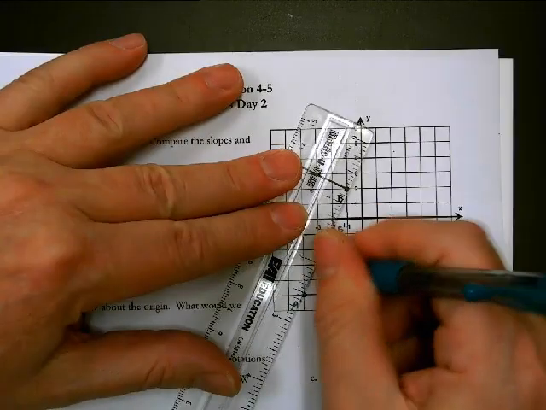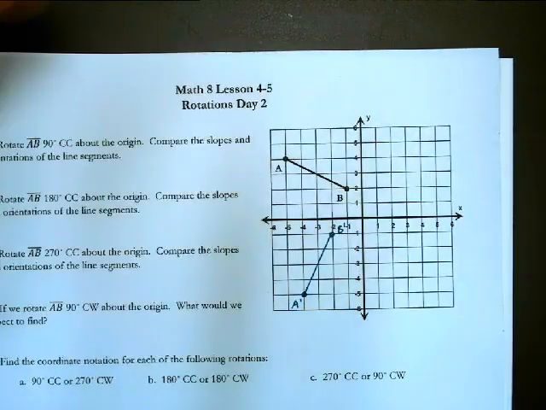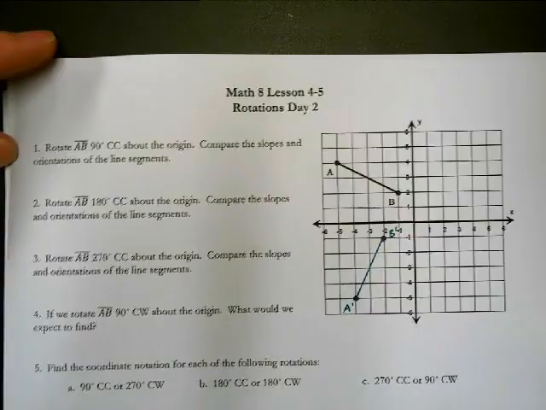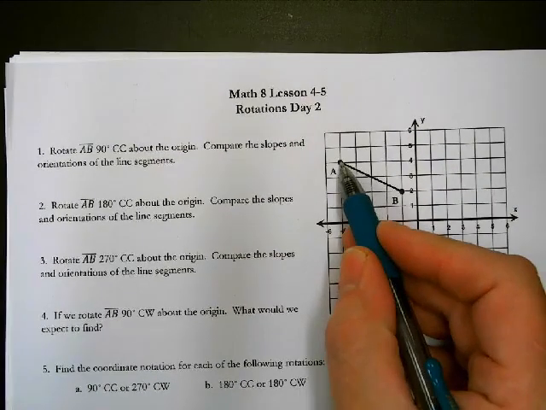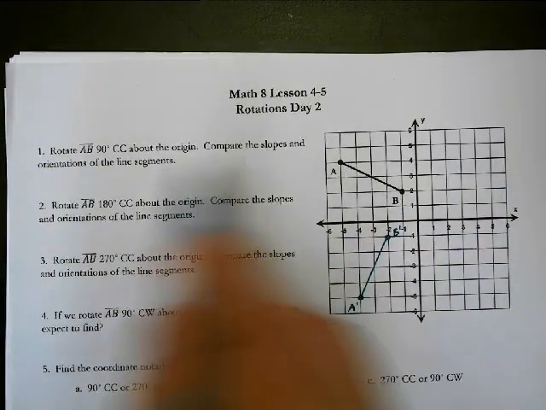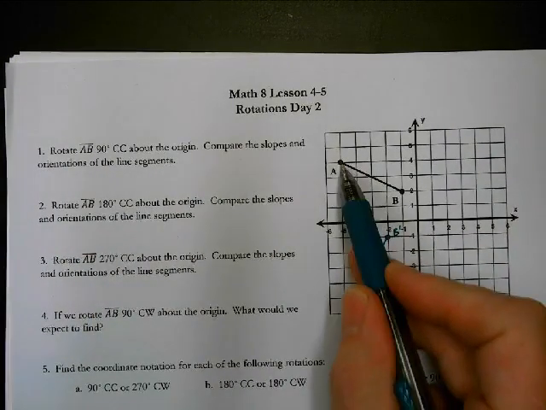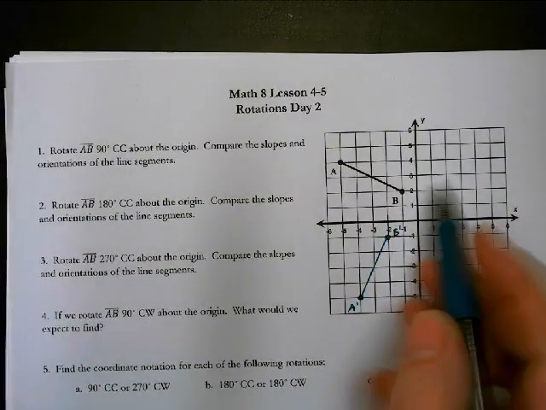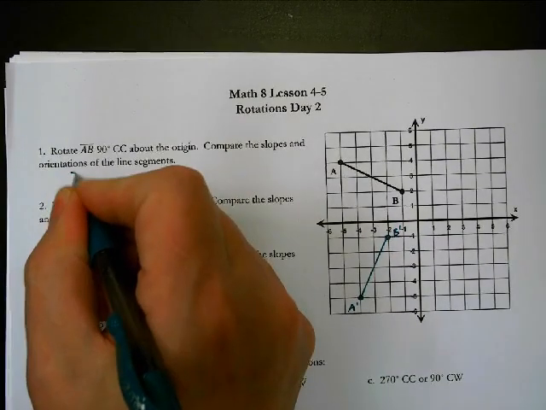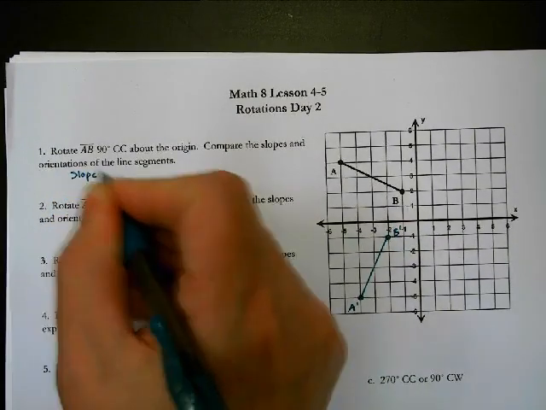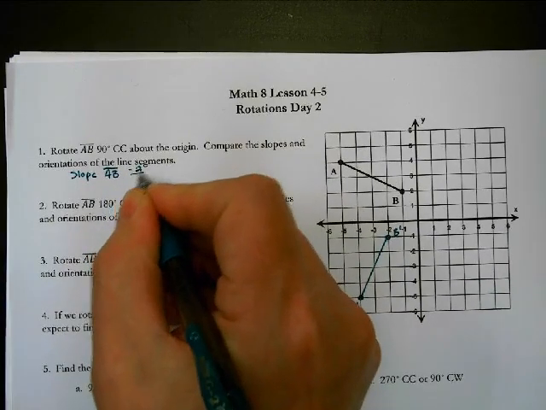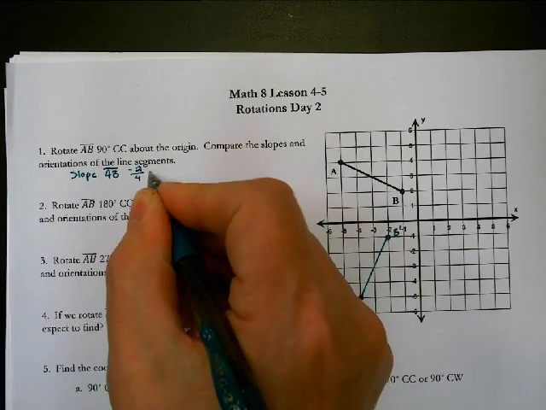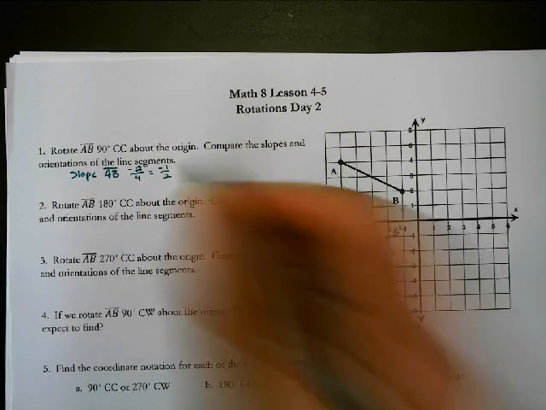All right, what do we got here? It appears as if I've got this one, the slope. It says compare the slopes and the orientations. This one goes down 2 and right 4. So the slope of AB is -2/4, which reduces to -1/2.